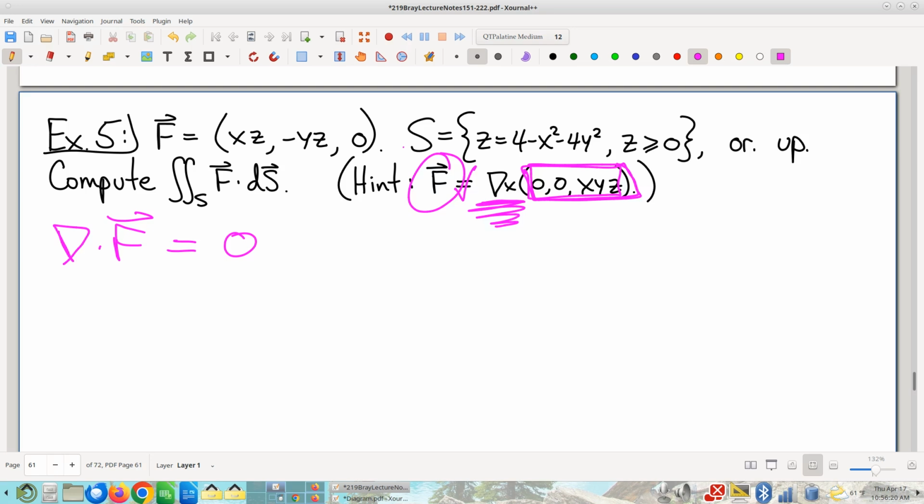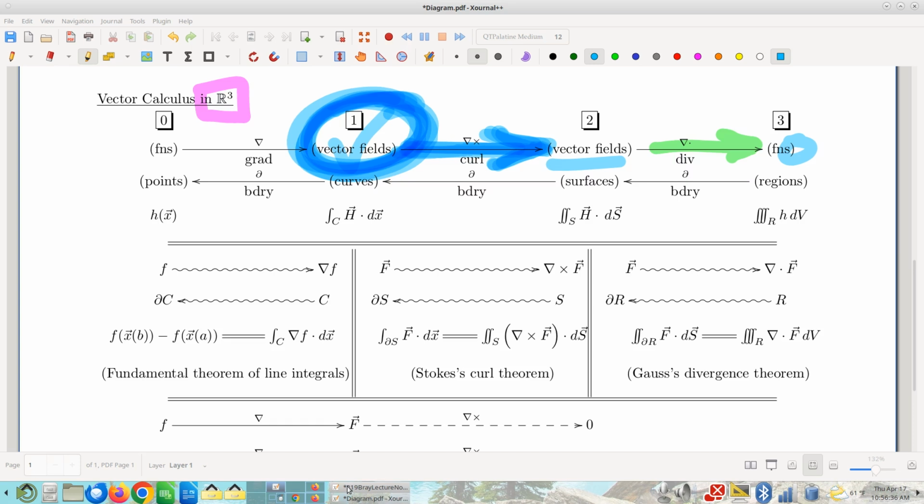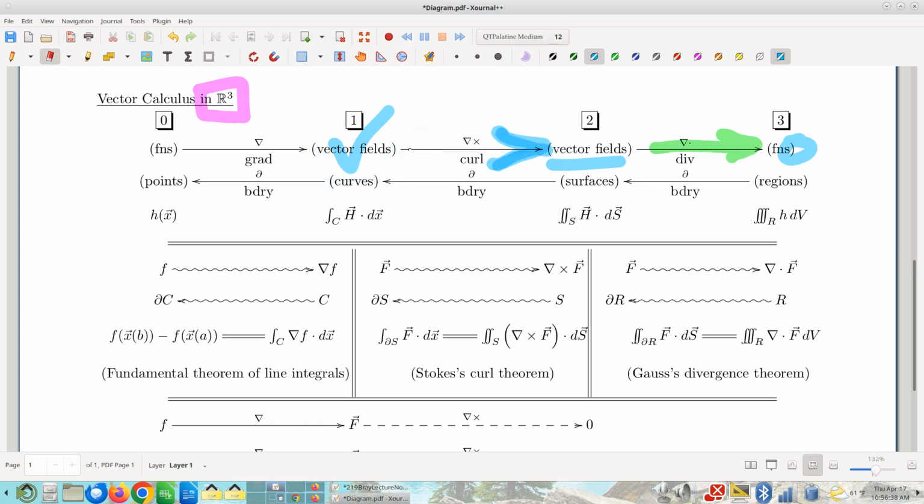So one way to solve this problem is to say, well, we've got this surface. We've been asked to compute flux through that surface, but there's an anti-curl. So instead of computing a flux, I can do a line integral of that anti-curl.